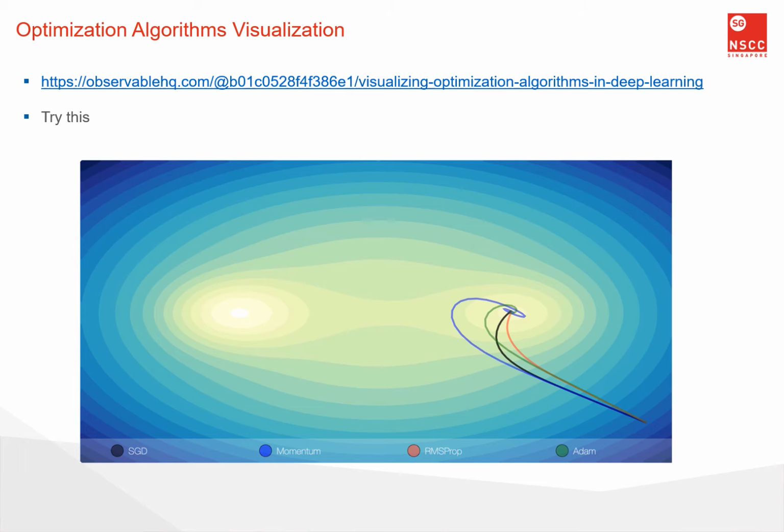So in the previous video, we talked about how this particular experiment shows the effect of different learning rates and different optimization algorithms if we were to apply them to a stochastic gradient descent or gradient descent type problem.